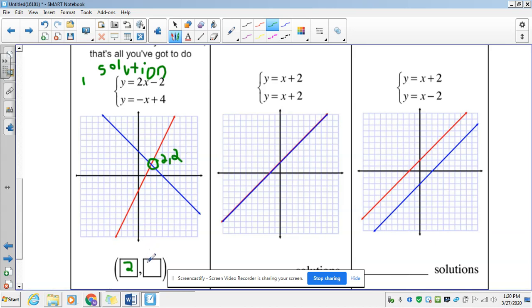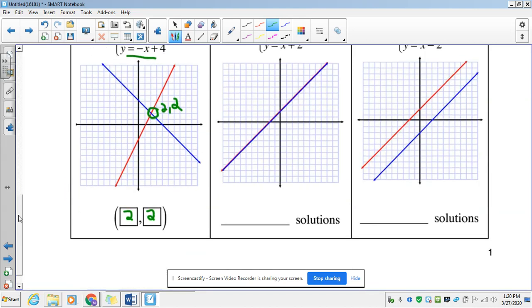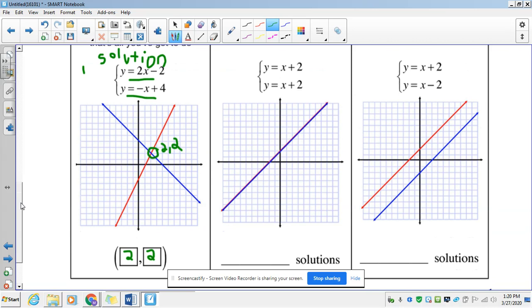So that is our solution to this system. If I was to graph this line and then graph this line, the blue line, the red line, they crossed here. Okay? So in this case, there is one solution. Most of the time, we're going to have one solution.